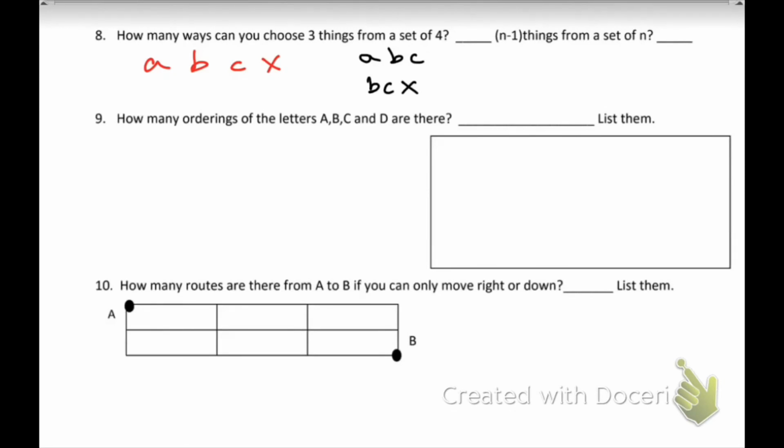I could go X, C, A, that's 3. And the last one that I'm missing is C, A, B, X.